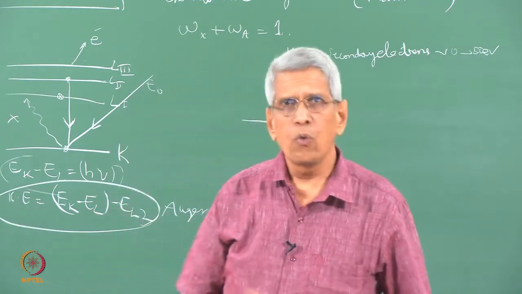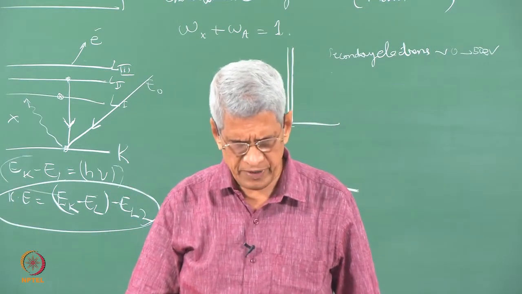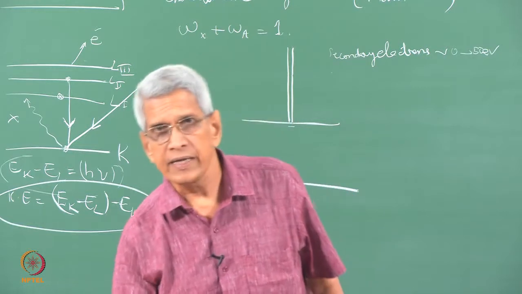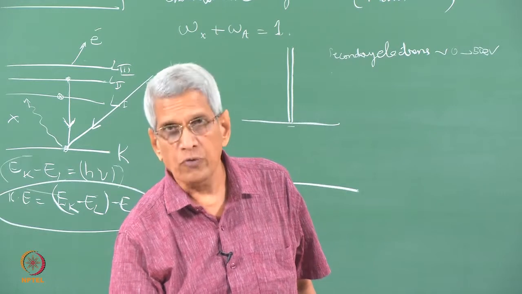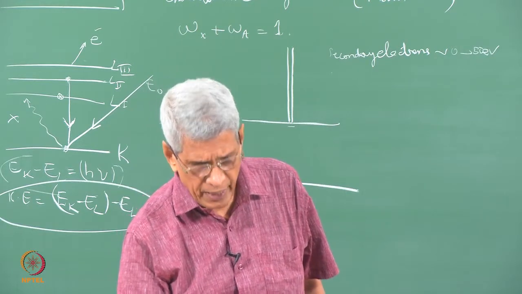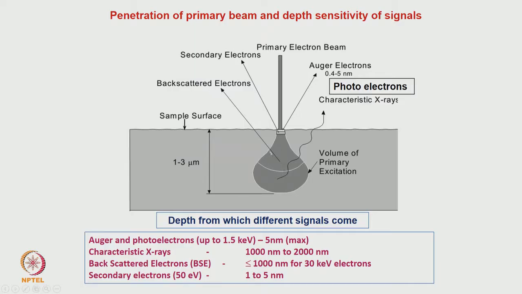Then Auger electrons are emitted from the sample surface. These Auger electrons generally come from a depth of about 0.4 to 5 nanometers. Then the backscattered electrons, which are the elastically scattered electrons, come from a larger depth of the sample, and characteristic X-rays come from a much larger depth, 1 to 3 microns.